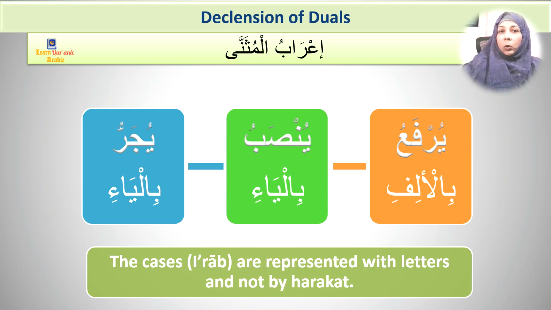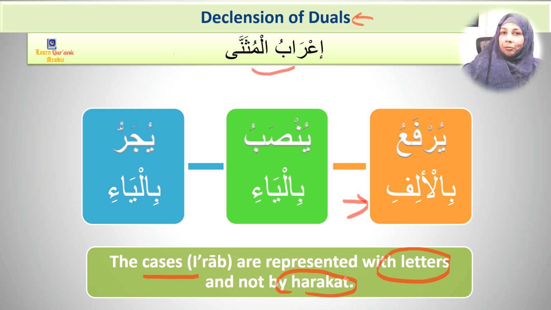So let's do a quick minute of grammar. So we are looking at how the duals are declining. It is in Arabic, we say i'rabul mustanna, right? And that we notice that the cases i'rab of the duals are represented with letters and not by the haraka, because we said it is yurfa'u bil alif.